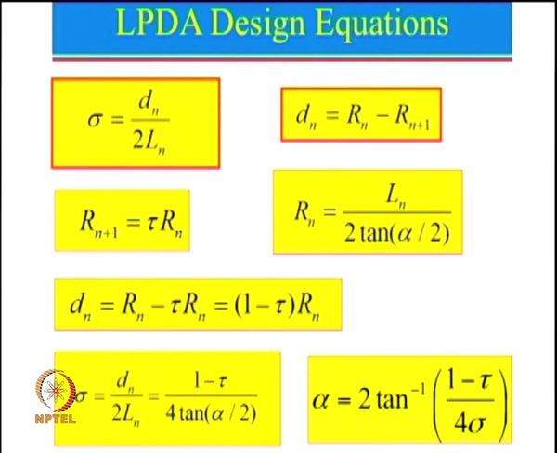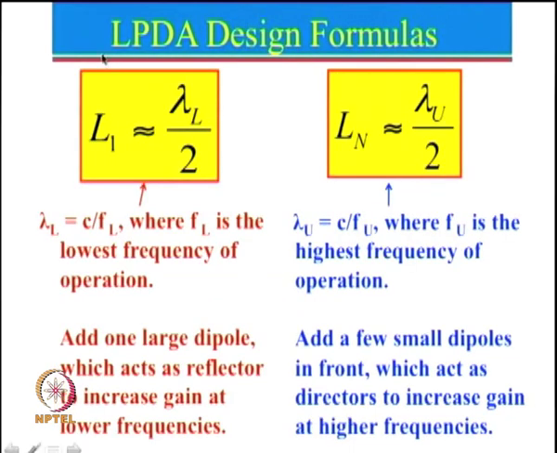So, now let us start the design procedure. Let us say we need to design the antenna. We start with the lowest frequency and the highest frequency, or the upper frequency. Here the length of the first dipole antenna is approximately equal to the smallest frequency's lambda L. I just want to mention lambda L is not small; L corresponds to the frequency.